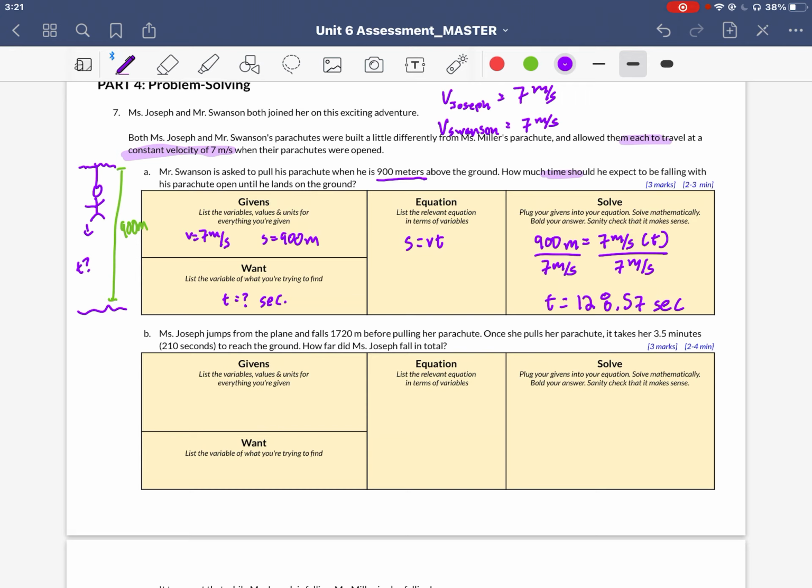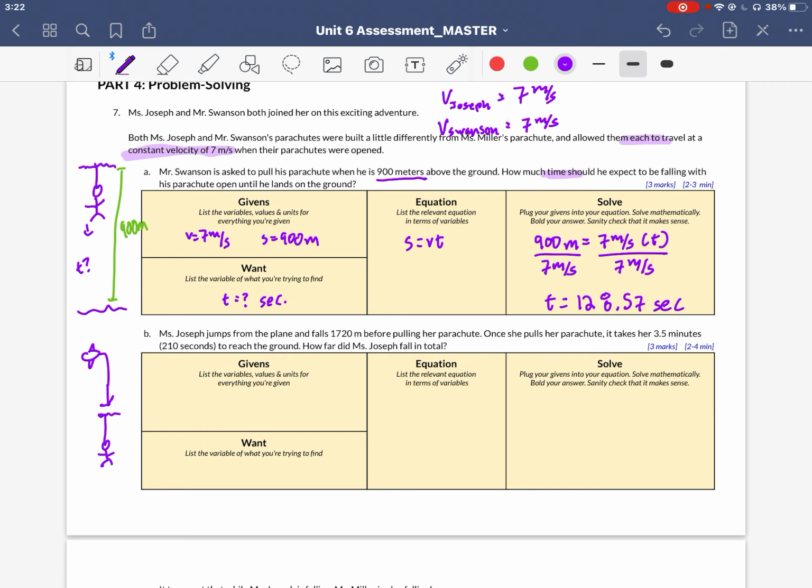Okay, part B. So Ms. Joseph jumps from the plane and falls 1720 meters before pulling her parachute. So here's my plane. Miss Joseph has fallen. Here she is. And let me draw the parachute a little bit better. So here she is.